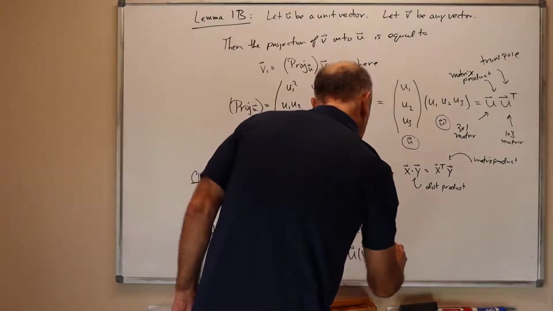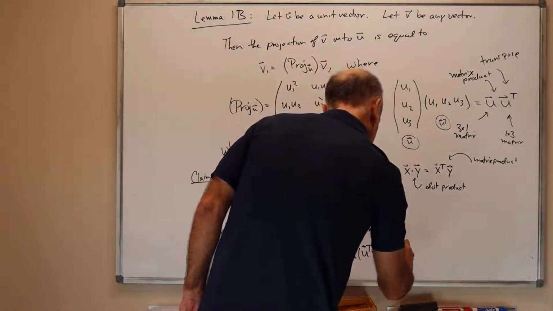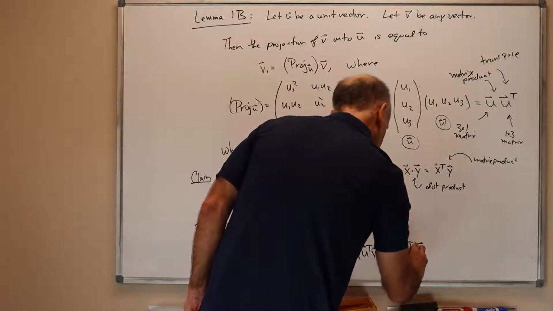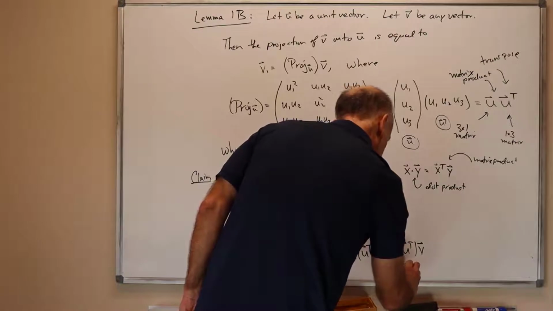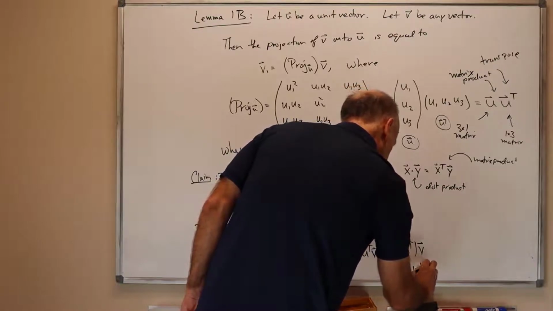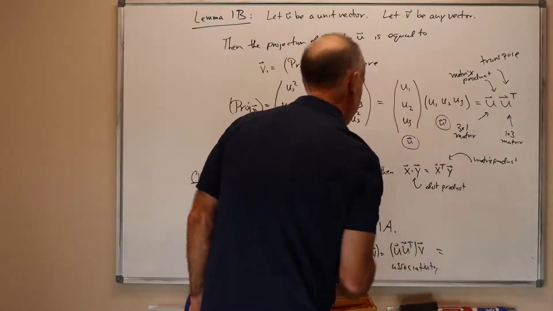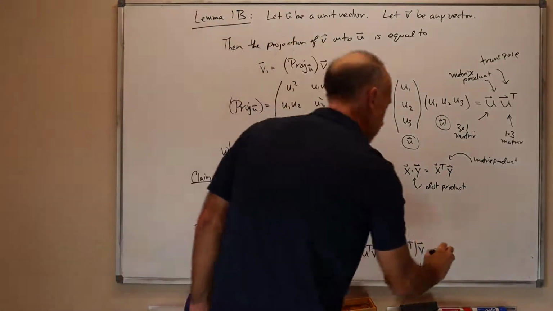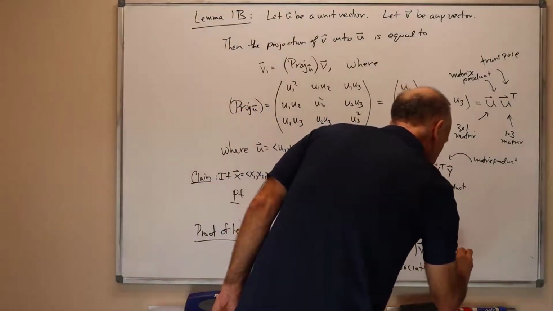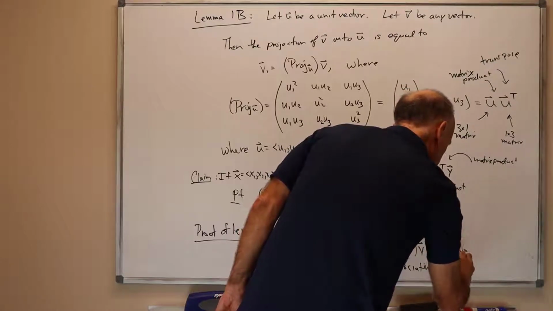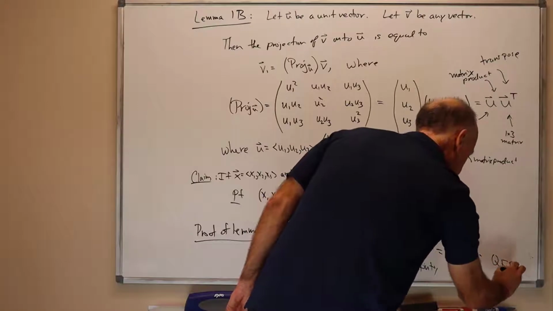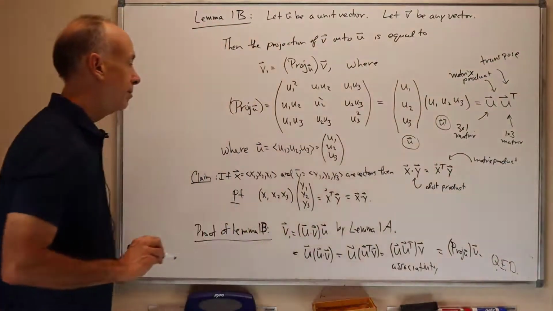Then by associativity, that's the same as u times u transpose, times v. And by what we marked up here, that's just proj sub u.